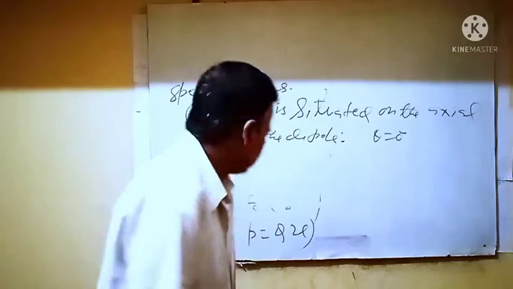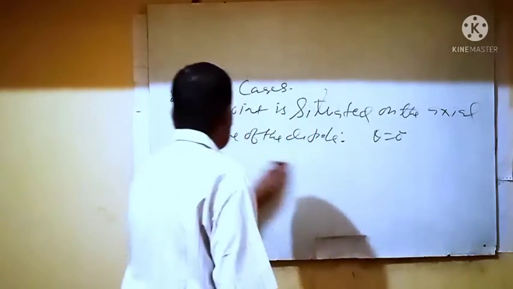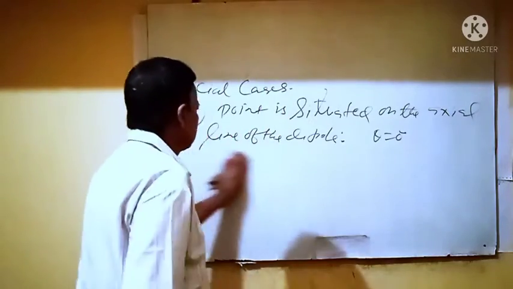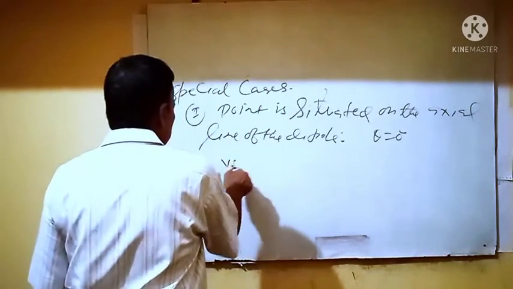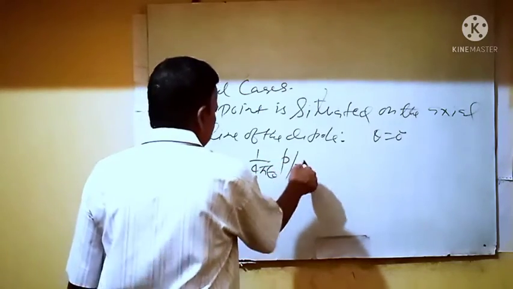Potential V is equal to 1 by 4 pi epsilon naught P by r square.